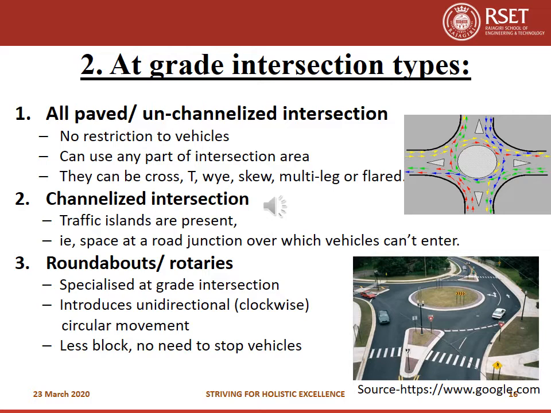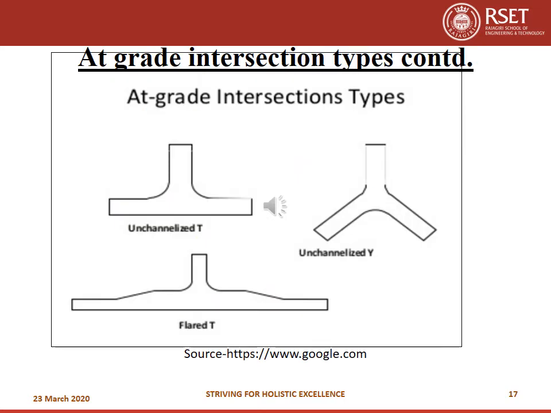All the vehicles are moving here in clockwise direction. So the advantage of this roundabout is that there is no need for vehicles to stop at a point, and blocks also will be less.